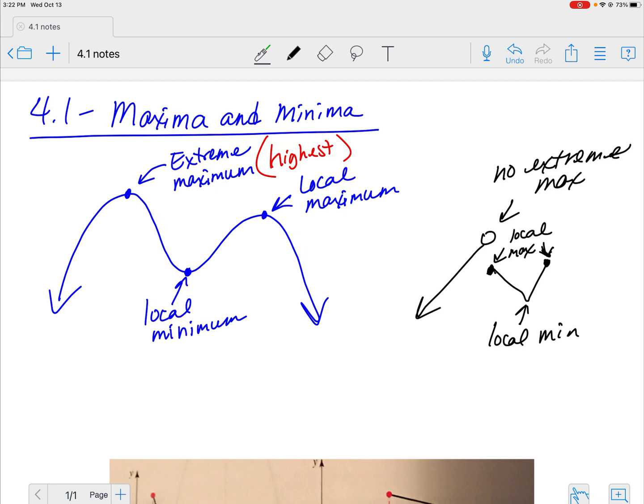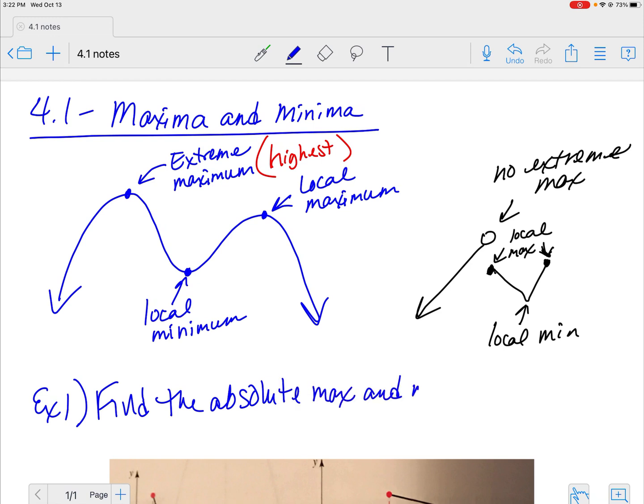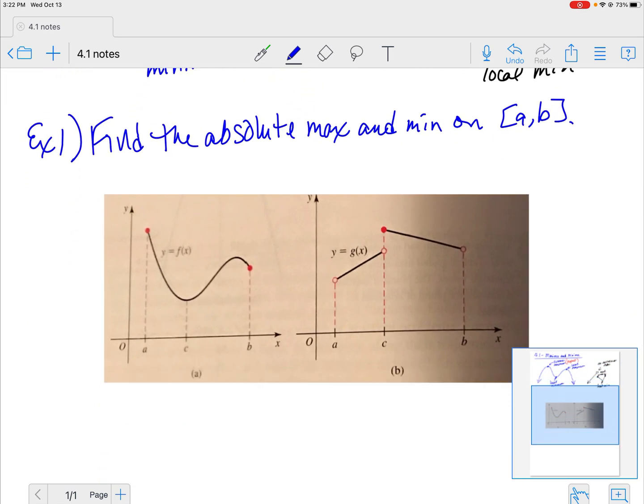Okay. All right, so let's look here at example 1. This is find the absolute max and min on my closed interval here from A to B. So here's what we have.